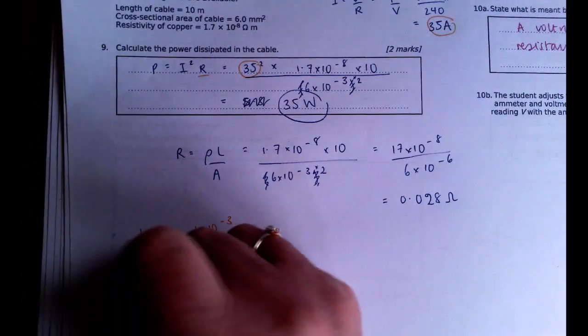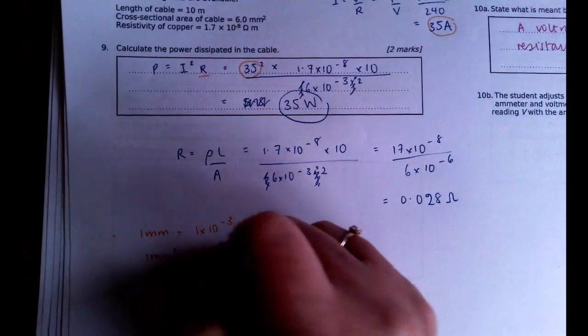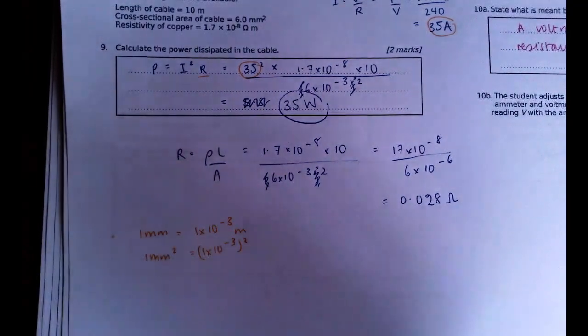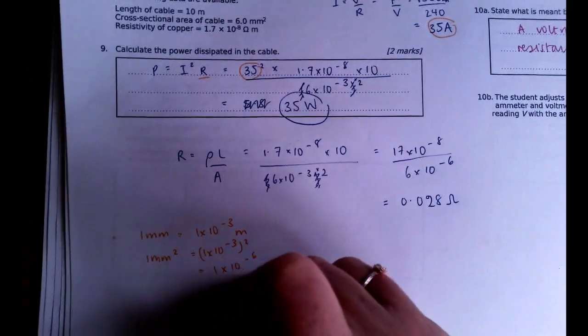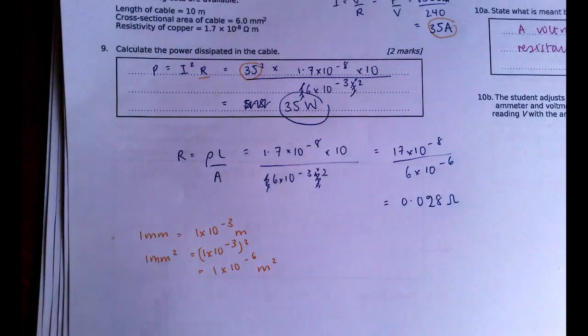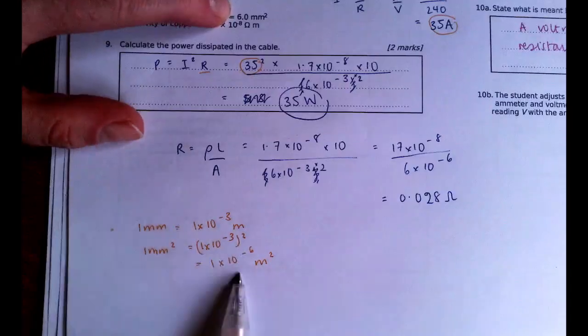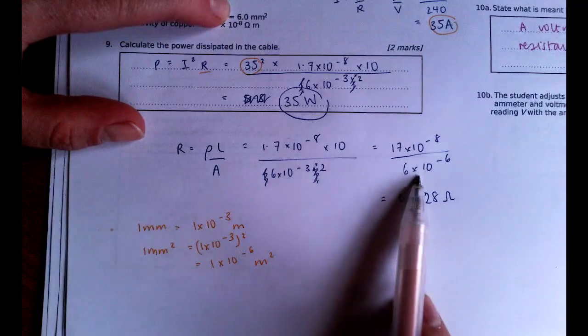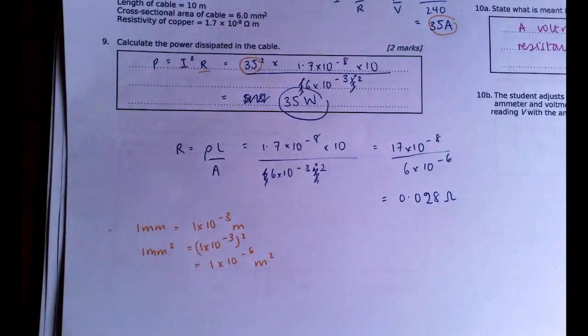So 1 millimetre squared is equal to 1 times 10 to the minus 3 all squared, which is equal to 1 times 10 to the minus 6 metres squared. And I've got 6 millimetres squared, so I'm going to have 6 lots of this. So I get 6 times 10 to the minus 6 metres squared for area.